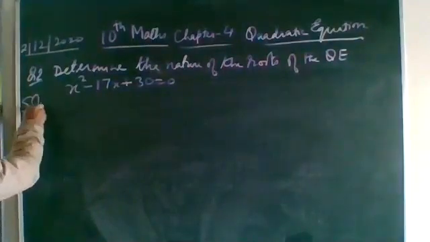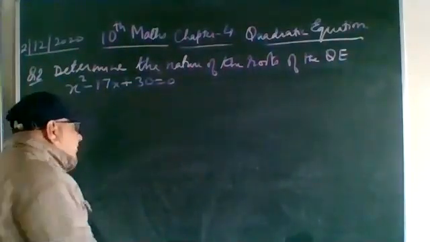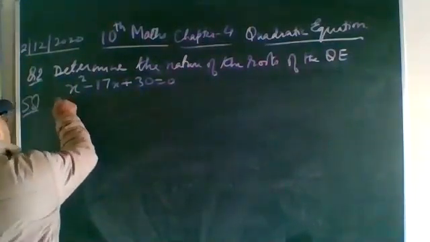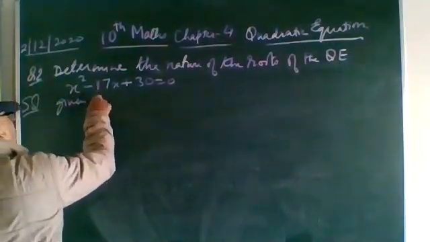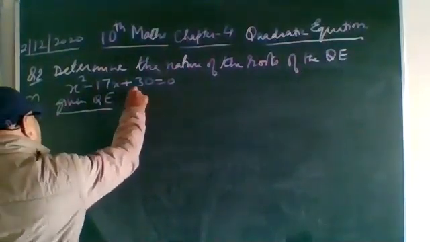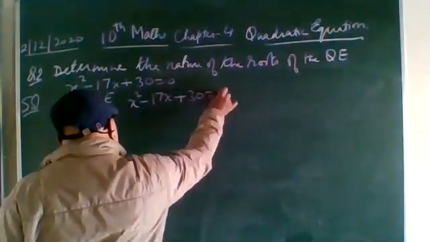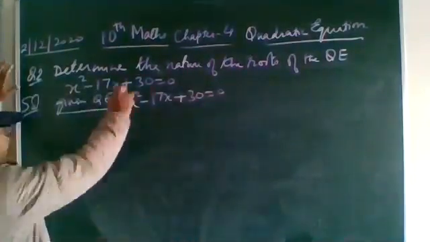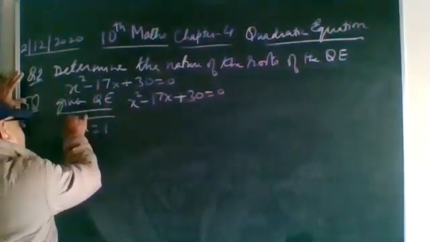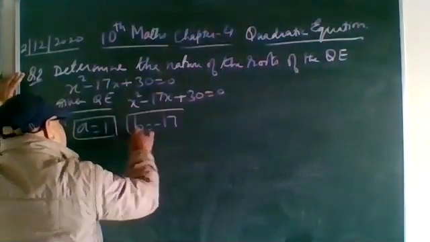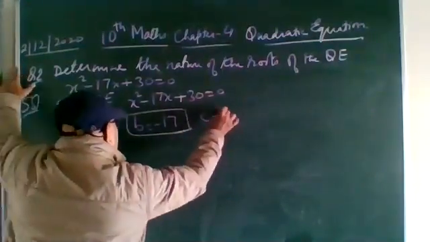For this type of question, determine the nature of the roots, what will you do? In the given quadratic equation x square minus 17x plus 30 equal to 0, a equal to 1, b is minus 17, c is 30.